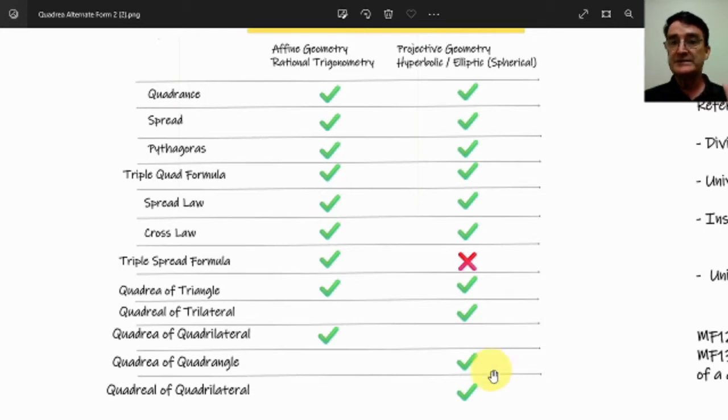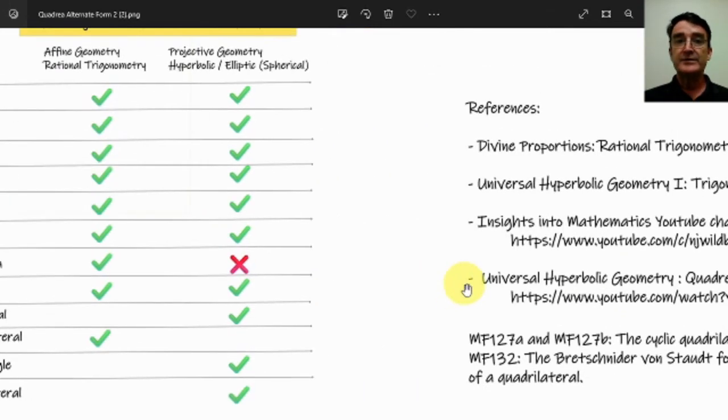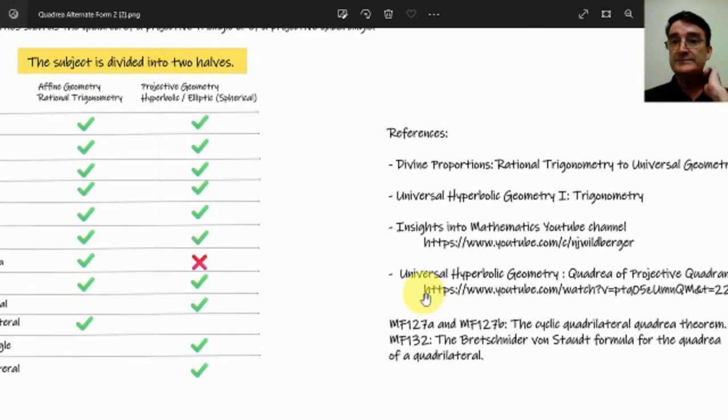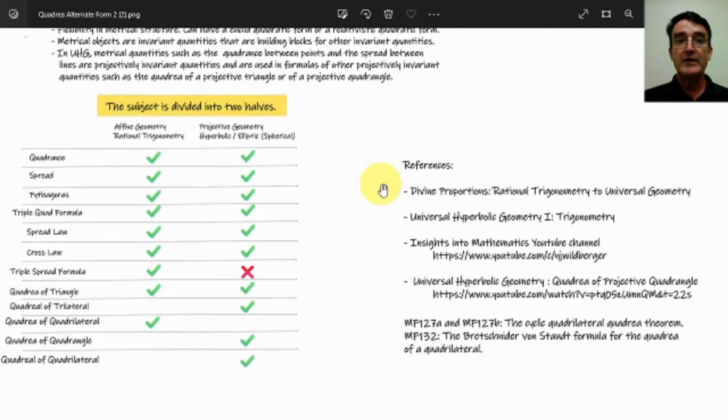I'll provide a reference to a video explaining what the main laws are in both affine geometry, rational trigonometry, and projective geometry. You'll see the link right here. The main references for the subject are, for rational trigonometry, the book Divine Proportions: Rational Trigonometry to Universal Geometry. For projective geometry, the main reference is the paper Universal Hyperbolic Geometry 1: Trigonometry by Norman Wildberger.